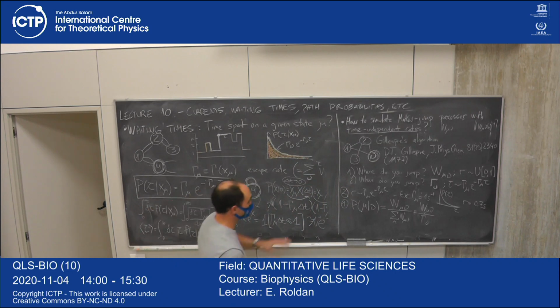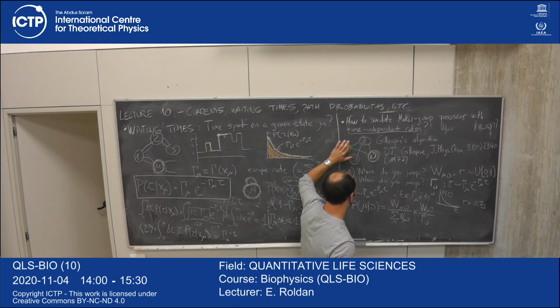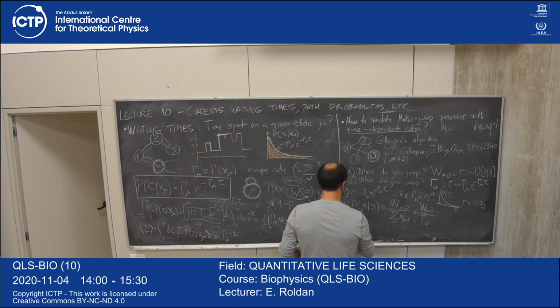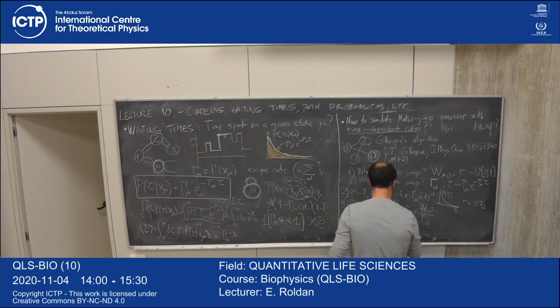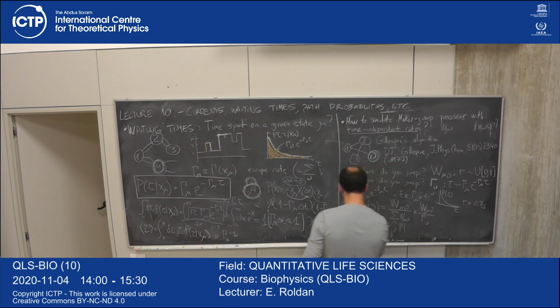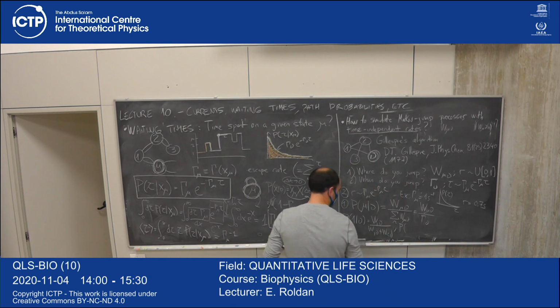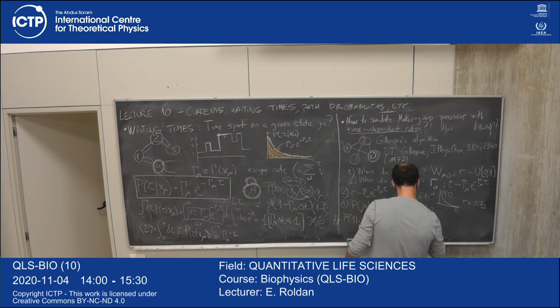So for instance, here you will have a probability for each one from nu, and this will be P1 nu equals W1 nu divided by W1 nu plus W2 nu, and you will have P2 nu equals W2 nu divided by W1 nu plus W2 nu.